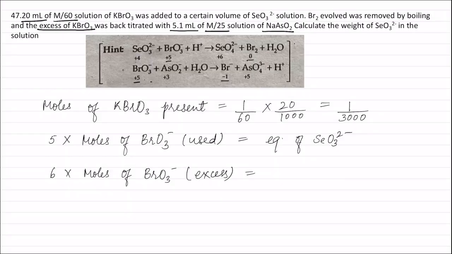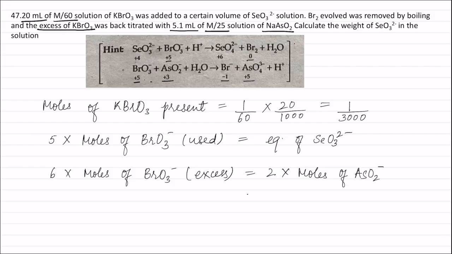Now in the second equation, the oxidation number of arsenic changes from plus 3 to plus 5. Therefore, change in oxidation number of arsenic is 2 and number of arsenic atoms in AsO2 minus is 1. Therefore, valency factor is 2. Therefore, equivalence of AsO2 minus can be written as valency factor, that is 2 into moles of AsO2 minus.